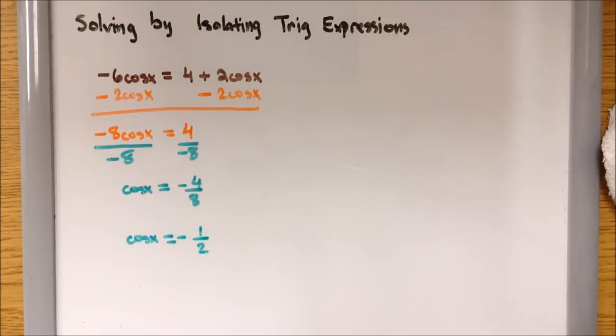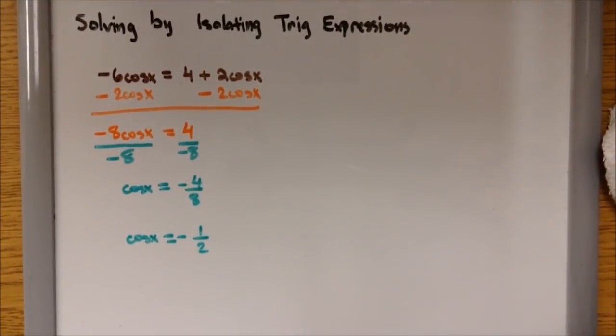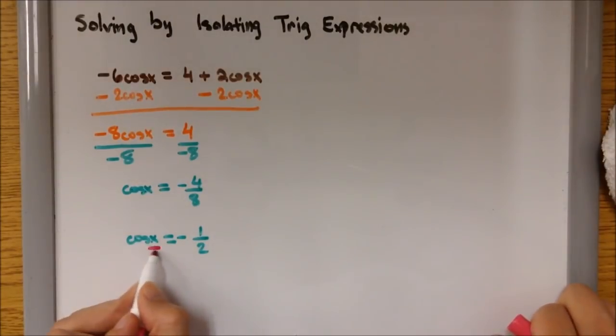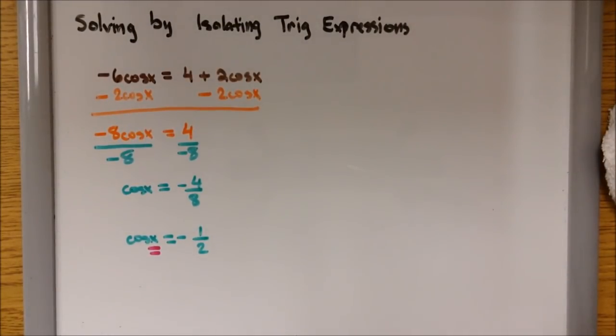Alright, so it's going to ask you what value of x, meaning what angle measure for cosine, will equal negative 1/2. Without looking at the unit circle, if I'm trying to find where cosine of x equals negative 1/2, that means my x value is negative.